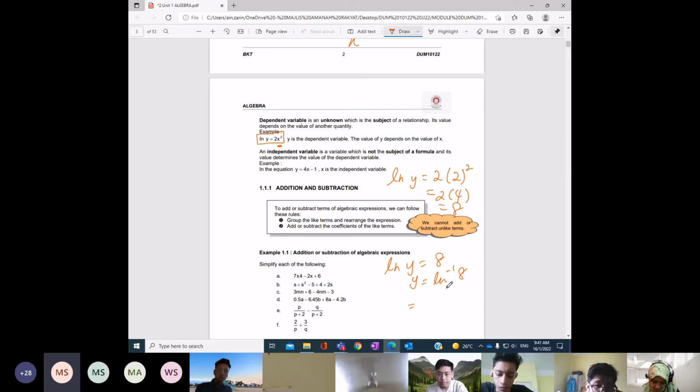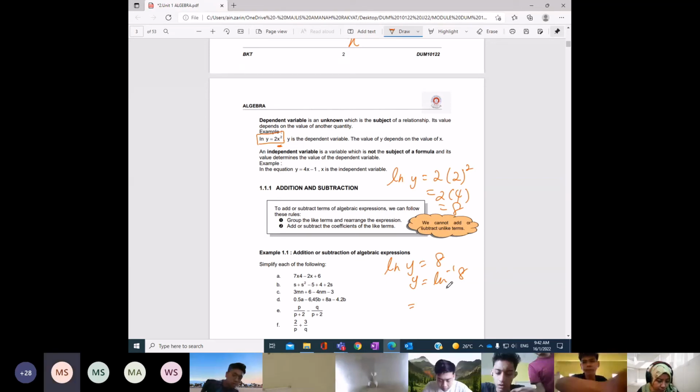Ada tak inverse ln? Ada? Ln ada, inverse ln saya tak jumpa pula dalam ni.